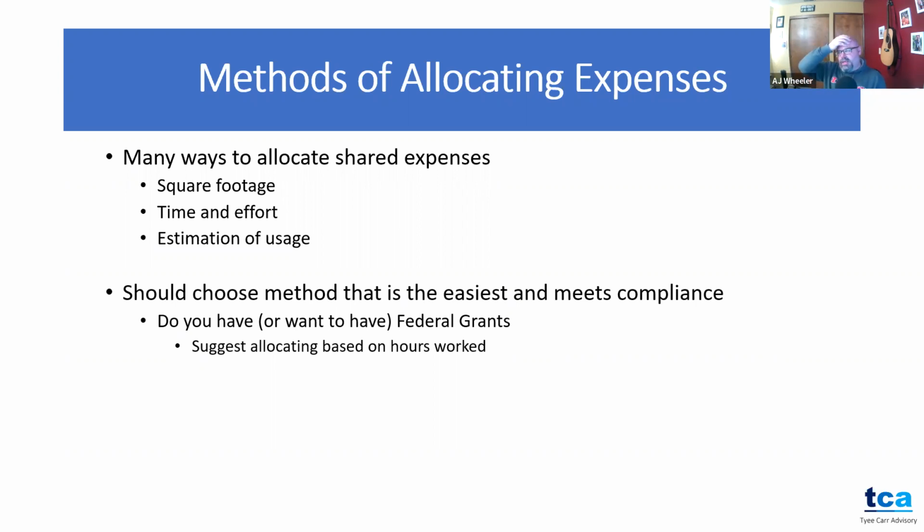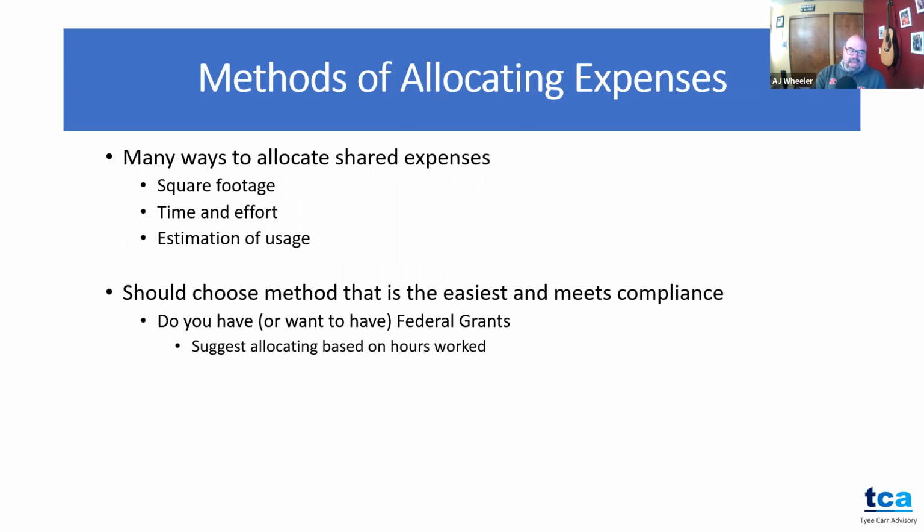So I think allocating based on hours worked is probably the most bulletproof, and direct wages, not mixing rates of people, not allocating based on a percentage of total, but allocating each individual's wages. It can take more time, but you're really insulating yourself from any kind of finding when it comes to federal grants.